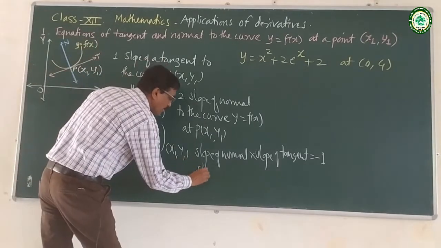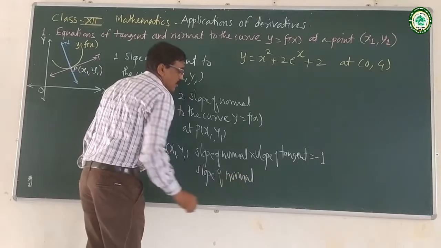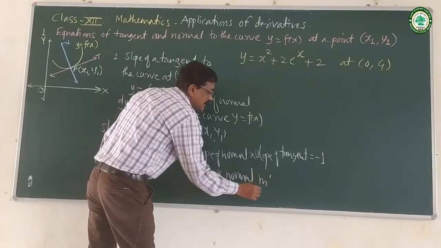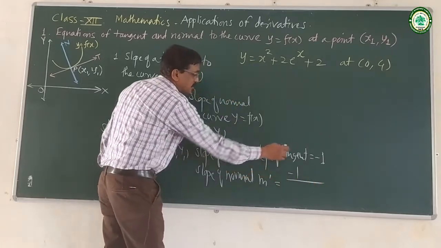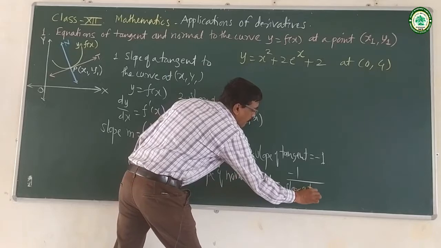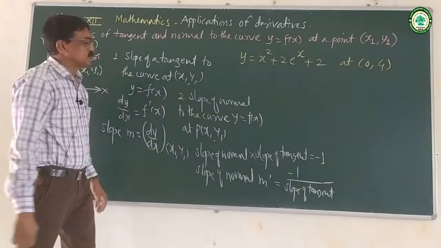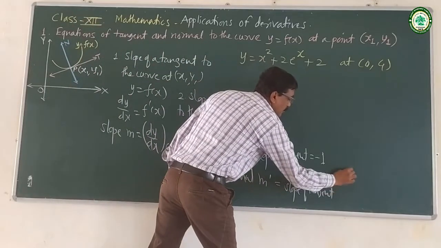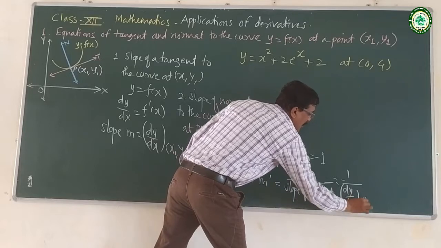Therefore, slope of normal, call it as m dash, is given by -1 upon slope of tangent. So it means it is -1 upon dy by dx at x1 y1.